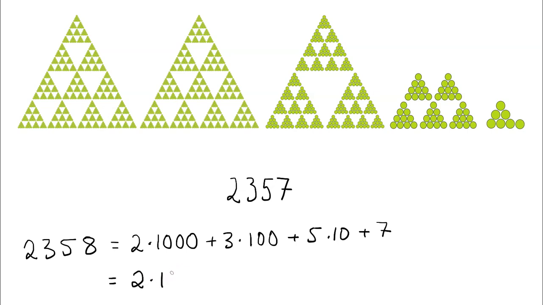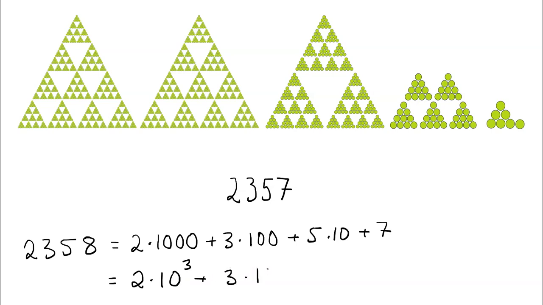So we have 2 of 10 to the power of 3. Since 1000 is equal to 10 times 10 times 10. So we have 10 times 10 times 10, we get this huge pile. So we can write it as 10 to the power of 3.